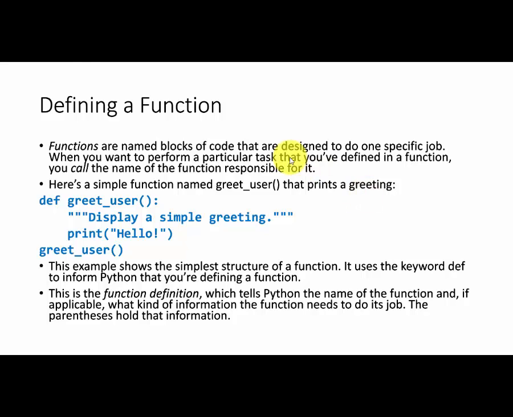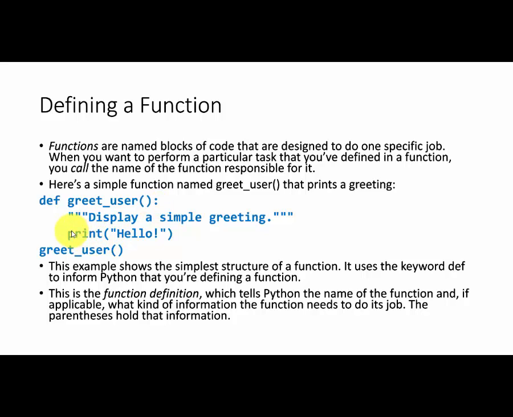You can refer to this example here: def greet_user. greet_user is the name of a function. The keyword def shows that you are going to define a function. After the function name, it should end with a colon.